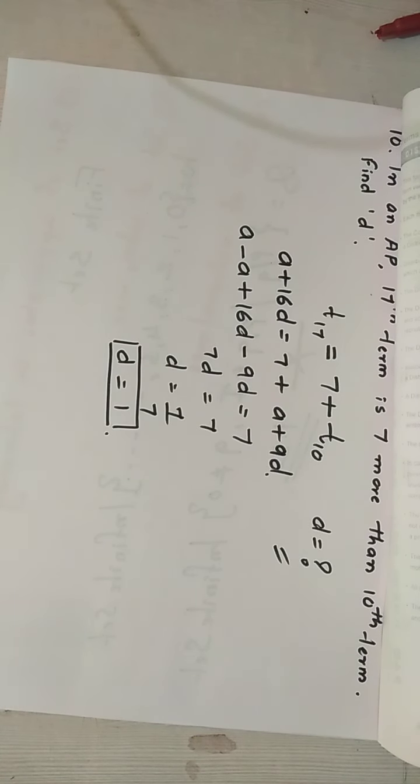Then we learned how to find the common difference, d. After learning about a and d, the next thing we learned is the formula of Tn. Tn is equal to a plus n minus 1 d. All the sums that we practiced today, along with the homework sums, try to do it on your own in the notebook, children, once you understand the concept.